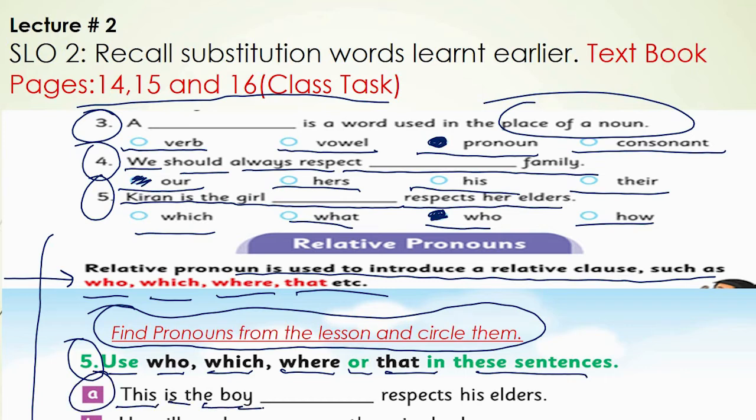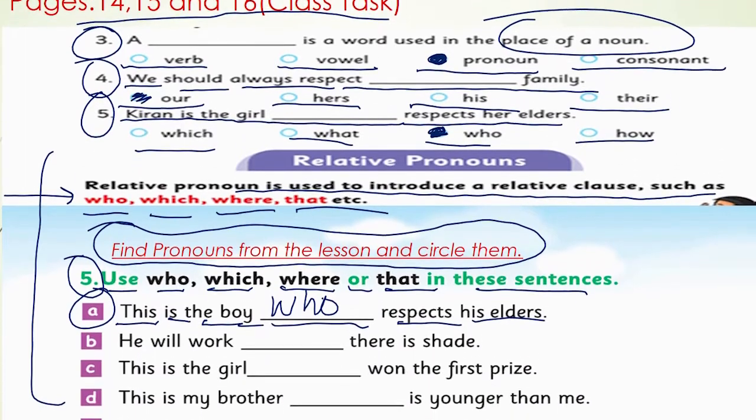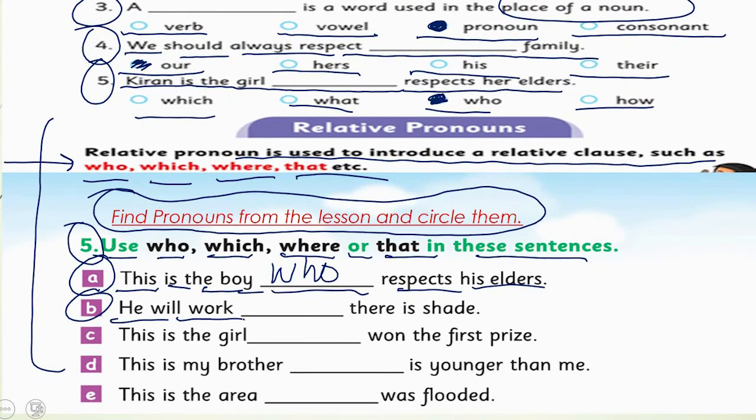This is the boy dash respects his elders. This is the boy who respects his elders. He will work dash there is shade. He will work where there is shade.